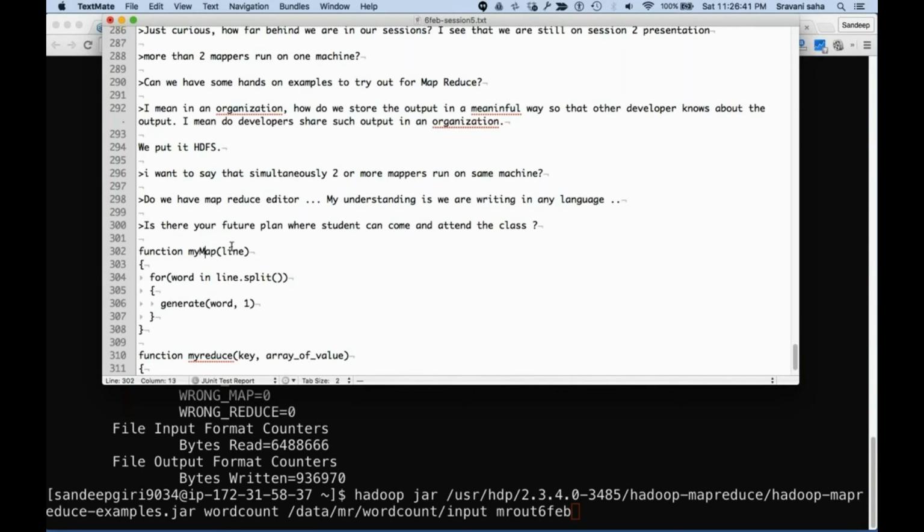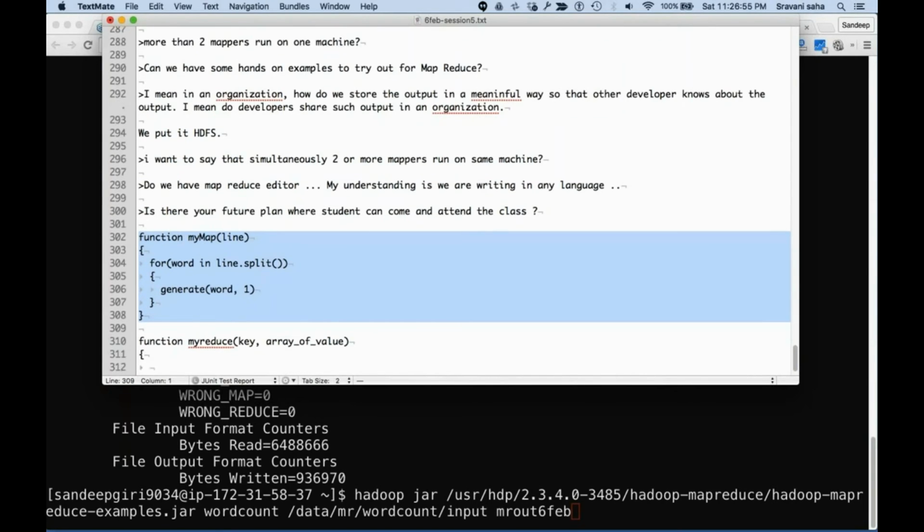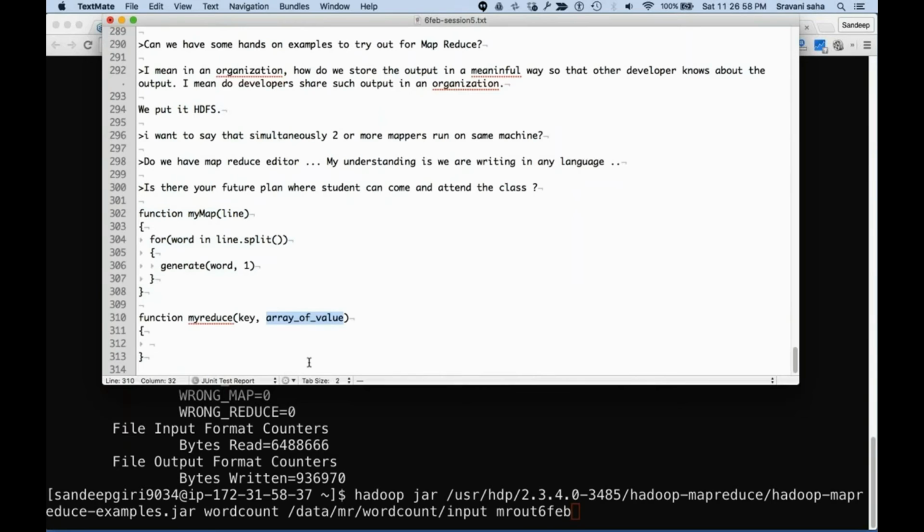Okay, so in case you are not in touch with coding for quite a while, don't worry. Here I'm trying to simplify that. What is the role of this function? You're supposed to write such a function called mapper. This is your mapper function, and in the reducer you will get a key and an array of values.